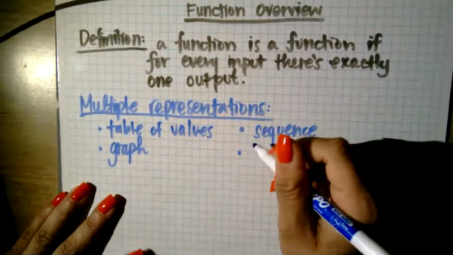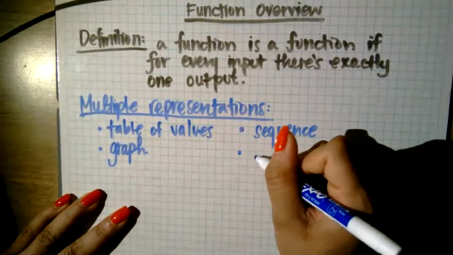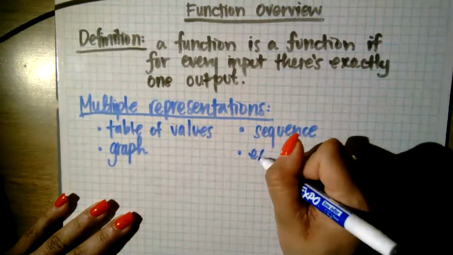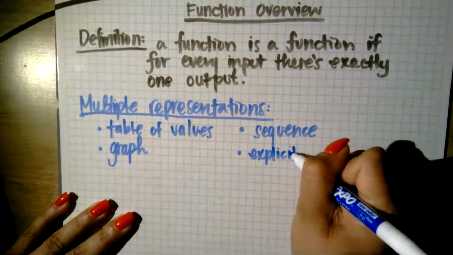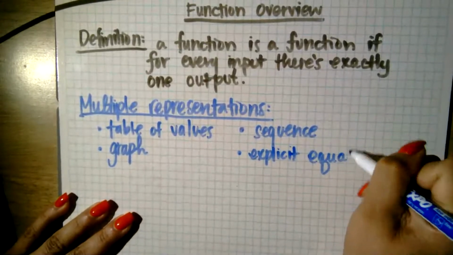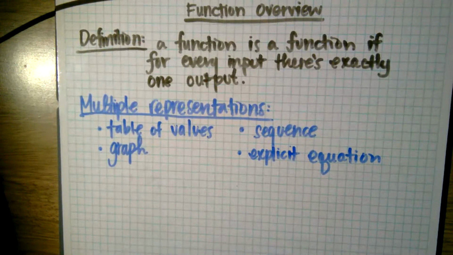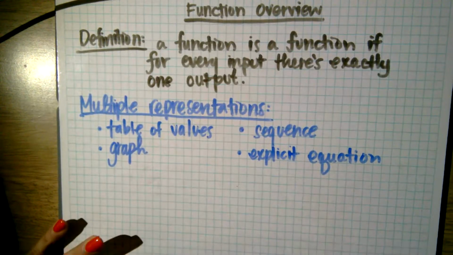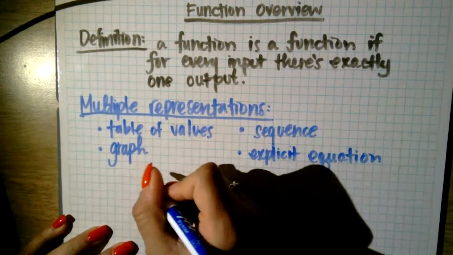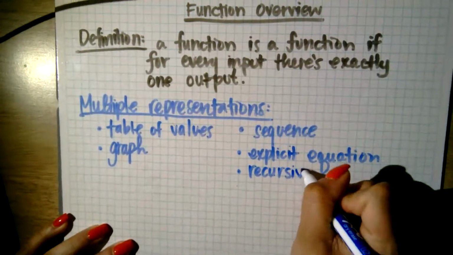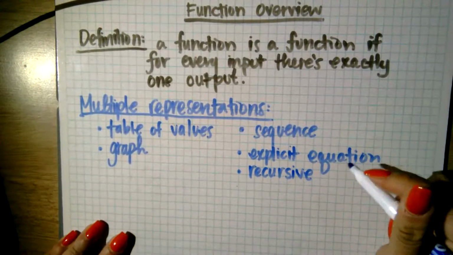I can make formulas or equations. There's two types of equations we can make for functions. It's the explicit equation, which gives us any direct input and output relationship at any given time or input. And then we also have the recursive equation, which builds itself from a previous input and output.